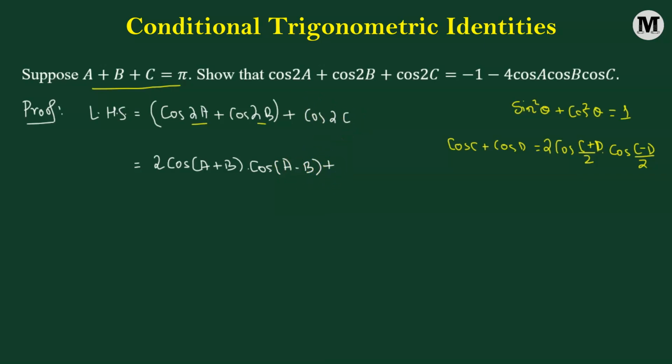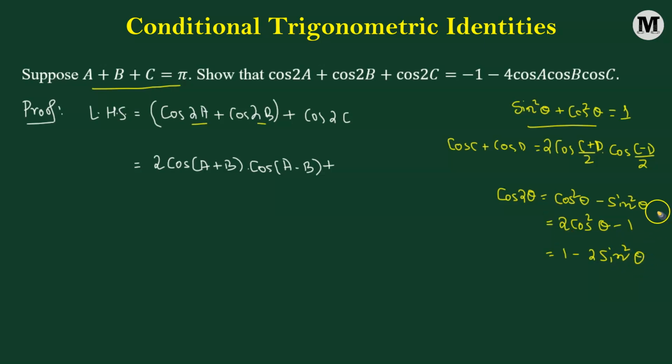added to cosine of 2C. This is a standard formula, so cosine of 2 theta has got three different forms. One form is cosine squared theta minus sine squared theta. Then the others are 2 times cosine squared theta minus 1, and 1 minus 2 times sine squared theta.